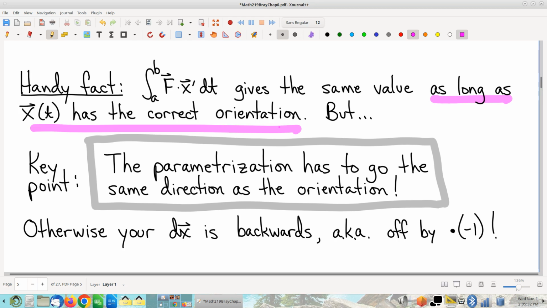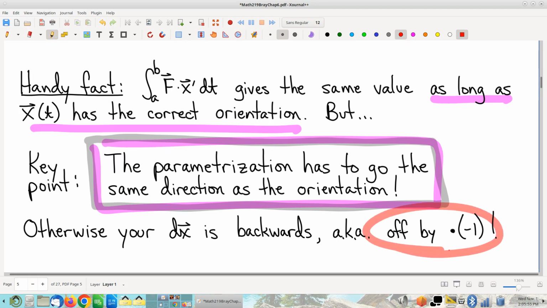Otherwise, you're entertaining the scenario of going exactly the opposite on each little piece, and you'll get a minus sign in every term in your Riemann sum, and thus a minus sign on your final answer. So do make sure to parameterize the right direction. If you don't, you will be off by a -1.